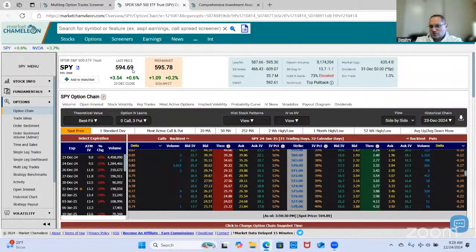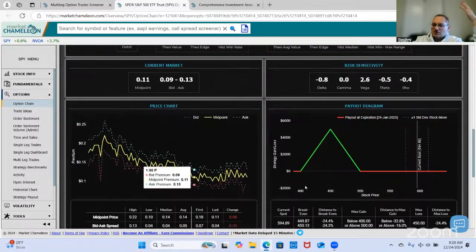Here's the range of the stock, 587 to 595.30, and the stock was up 0.6, closer to the high of the day. So that's probably why it lost value, right? It moved away from those strikes. You needed it to go lower, and it moved higher.